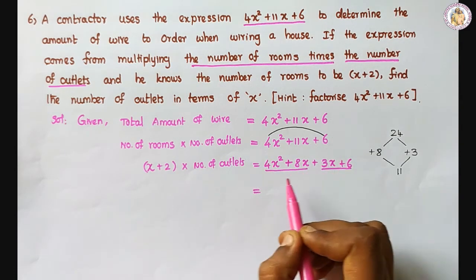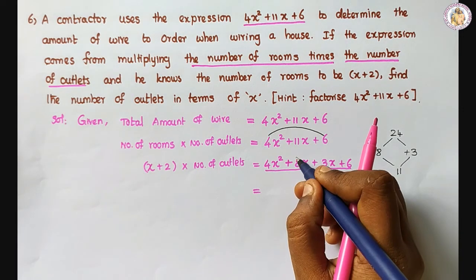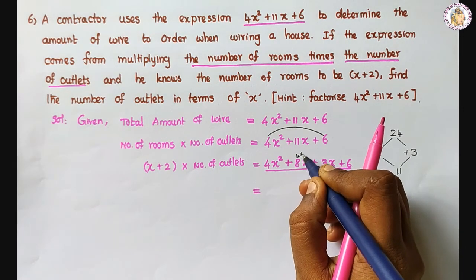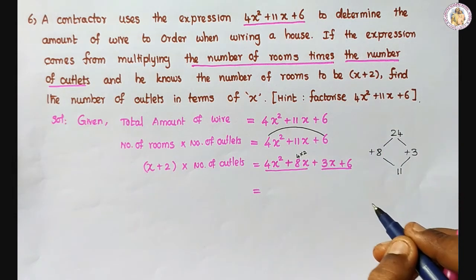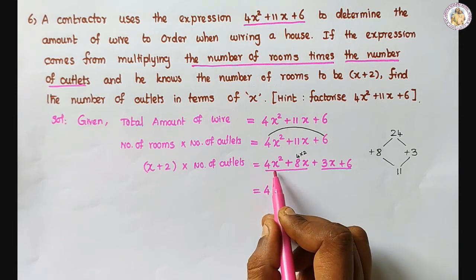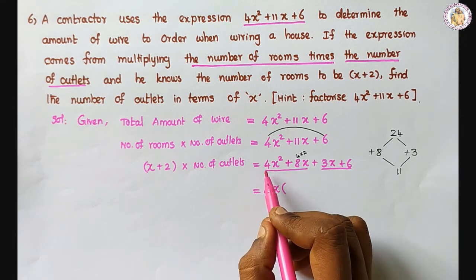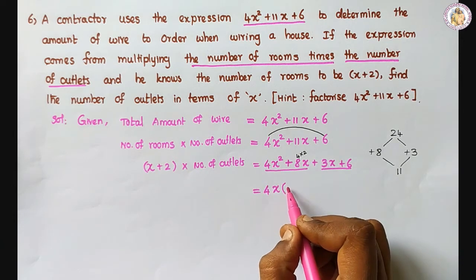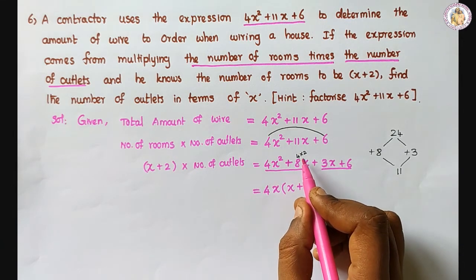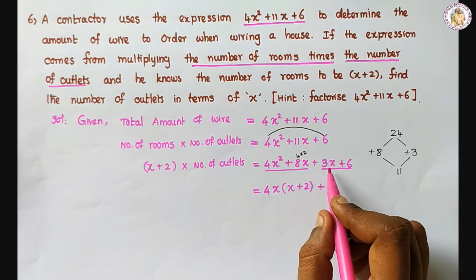Take two terms. In these two terms, 8 can be written as 4 twos, so 4 is common and x is taken out. The remaining is x plus 2.